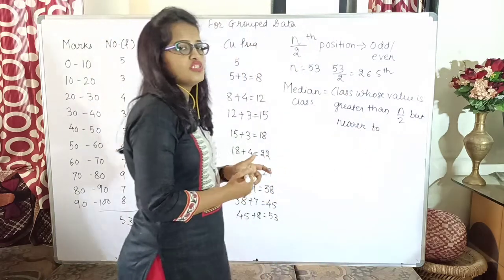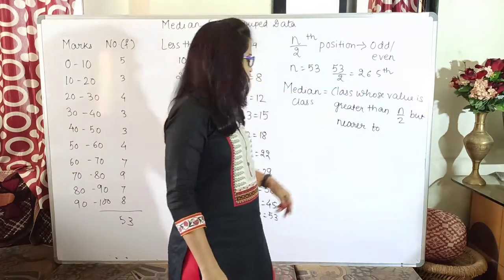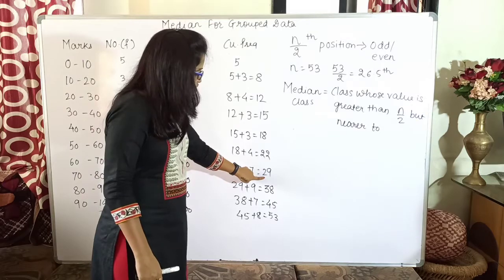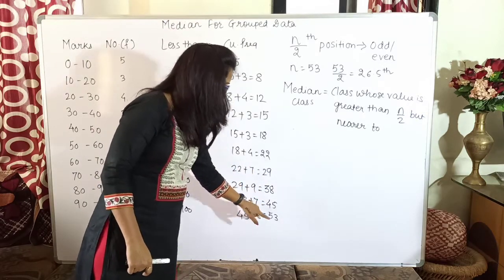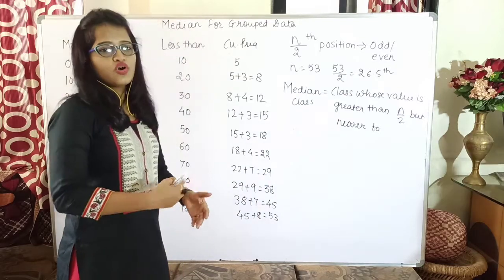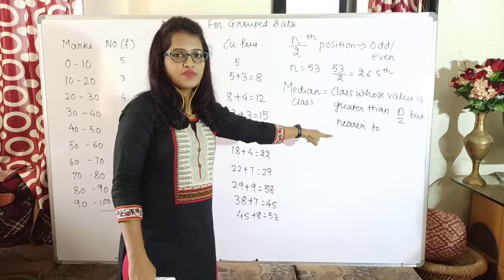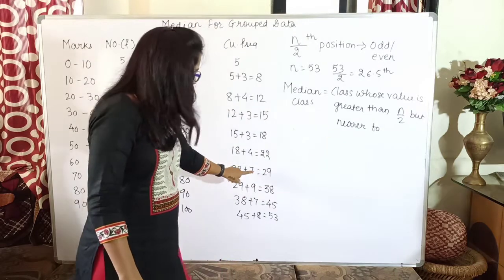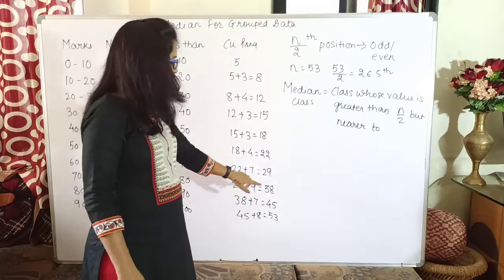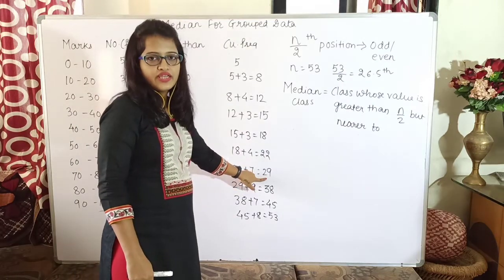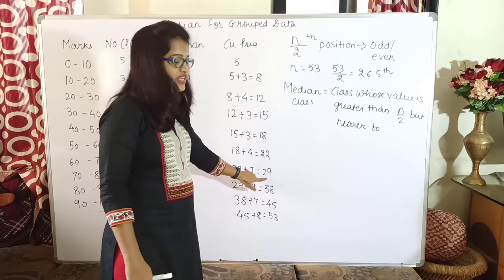So if I have to see the values which are greater than n by 2, that is 26.5, how many values are there? This is also a value greater than 26.5, this is also, this is also, and this is also. I have got 4 classes, but all the 4 classes cannot be the median class. So for that we go to the next part, which says but nearer to. Now out of these 4 observations, which is the value nearer to 26.5? It is this one, 29, because if you compare 29 and 38, which is nearer? 29 is nearer.